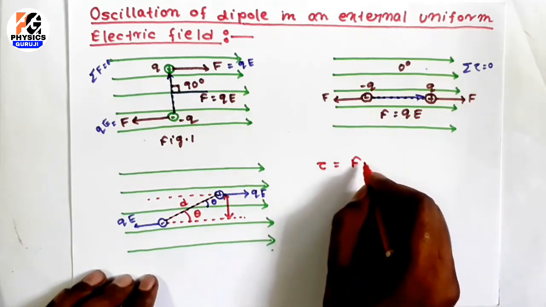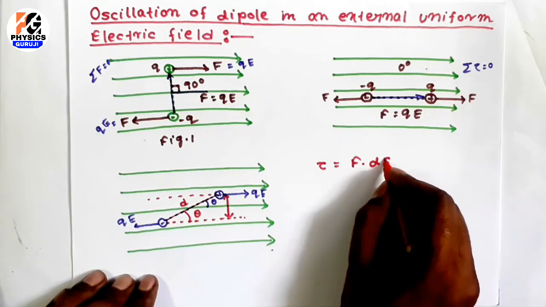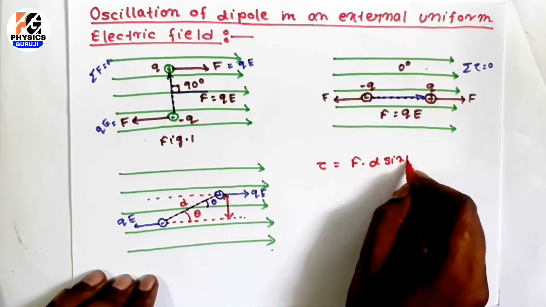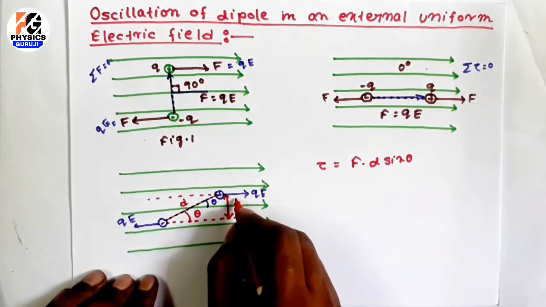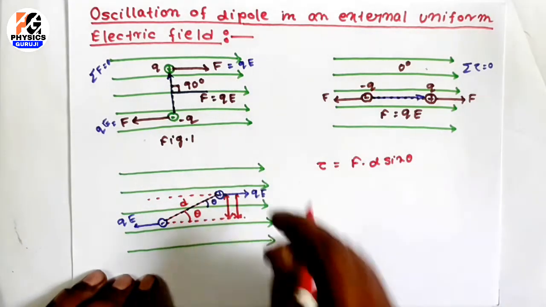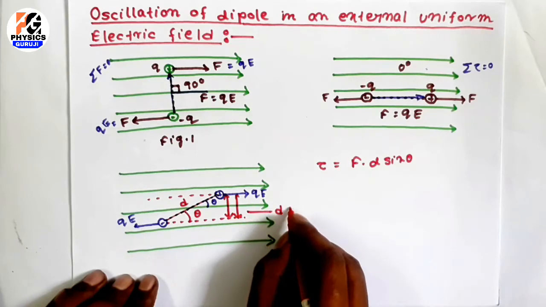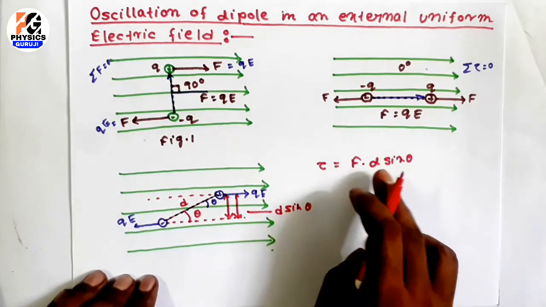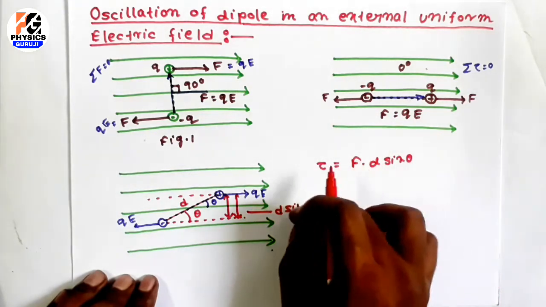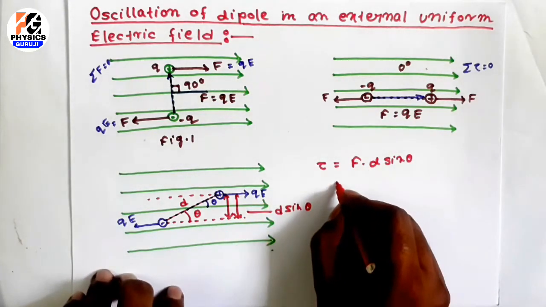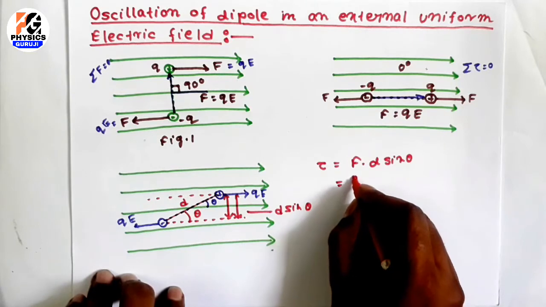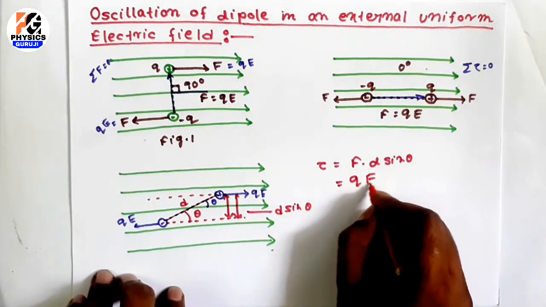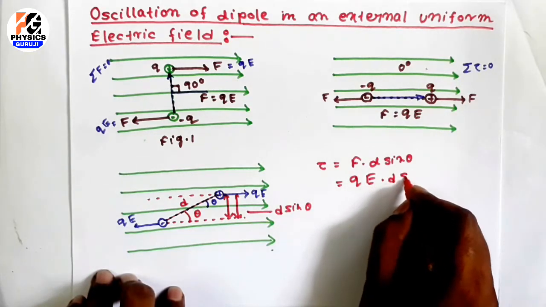force F into d sin theta. This distance is d sin theta, and we all know that torque equals force into perpendicular distance, that is d sin theta. So the torque, with F equal to QE, is QE into d sin theta.